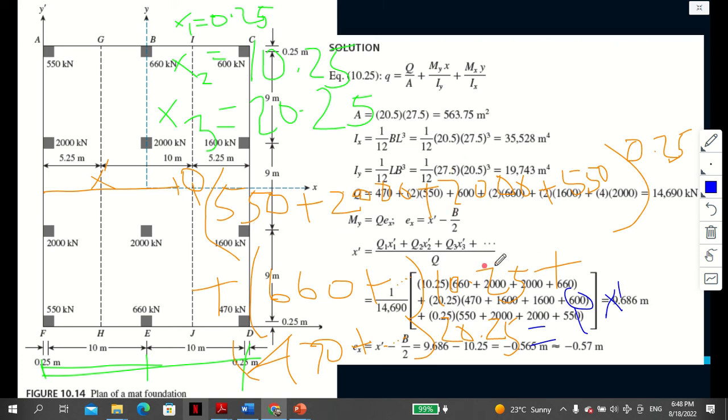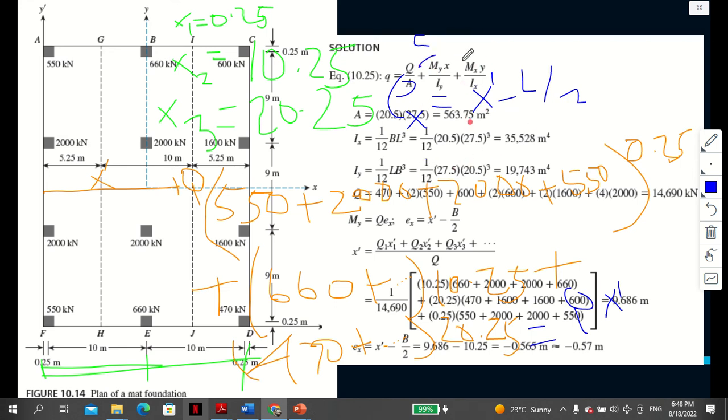Once you get the X bar, for example, ex would be X bar minus L over 2. L over 2 is half the length of the mat foundation.